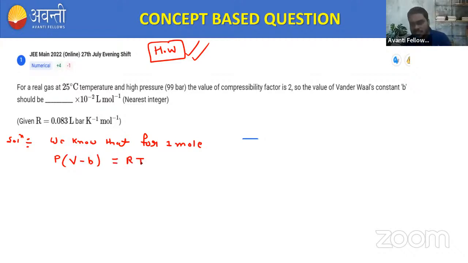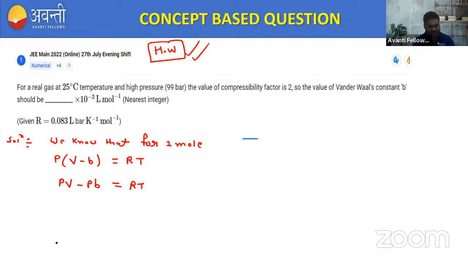So this is the real gas equation when you take the number of moles as 1, right? So this is the real gas equation for the 1 mole, that is P(V minus B) is equal to RT. Now just multiply this. So this will become PV minus PB is equal to RT.